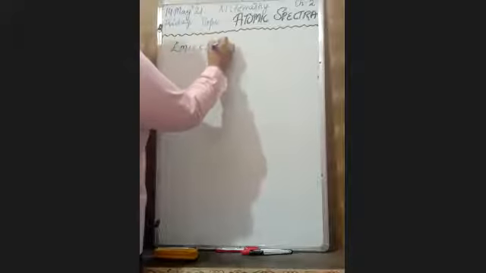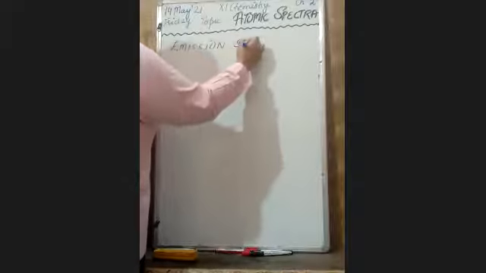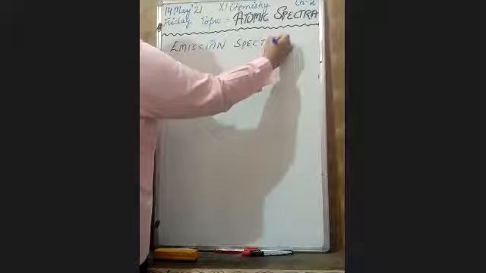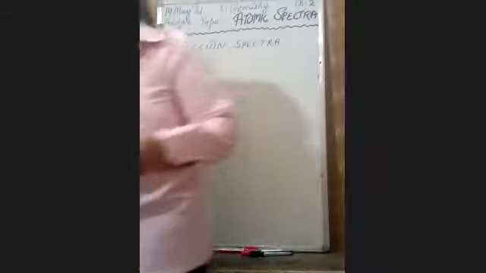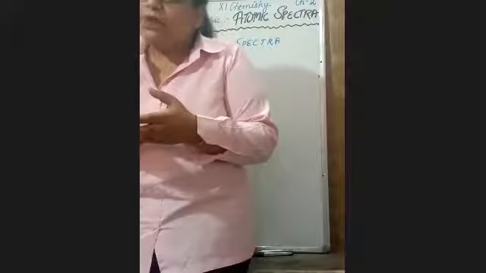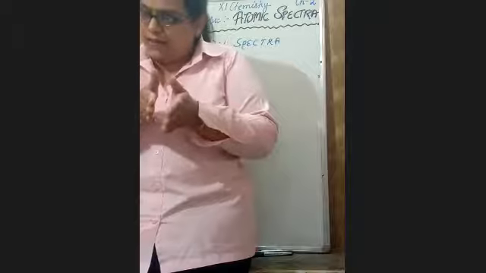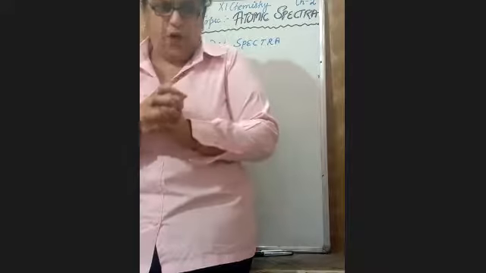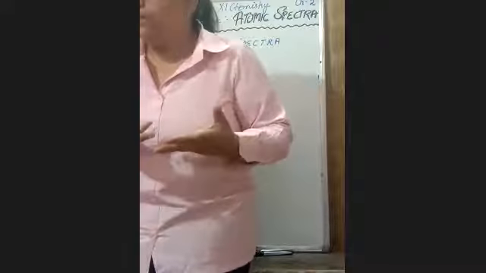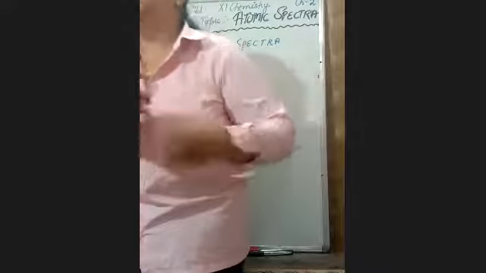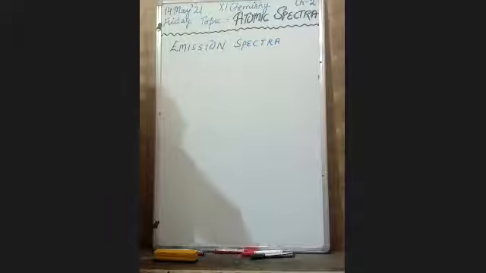The second type of spectra is emission spectra. Emission spectra can take place when the atoms are present in an excited state. Excited state means the electrons of the atom are not present in their normal ground state; they have jumped to a higher energy level.